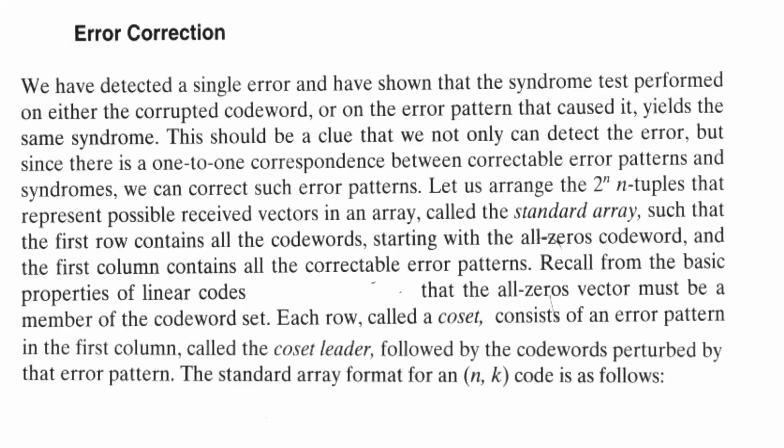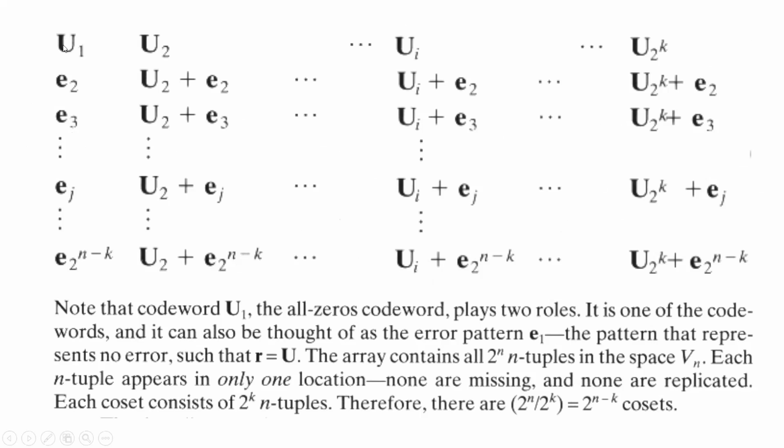Each row is called a coset, consisting of an error pattern in the first column, and the elements of the first column will be called the coset leaders, right?